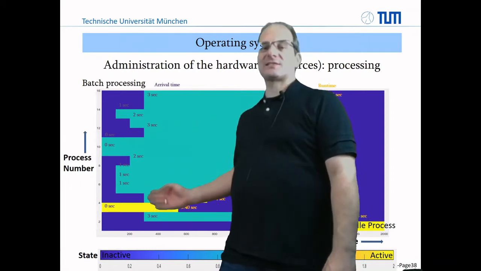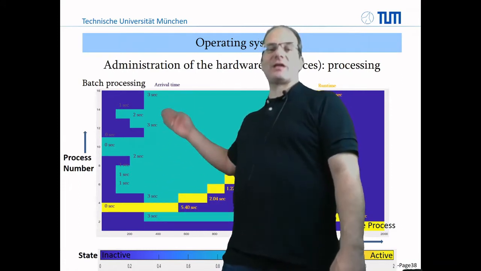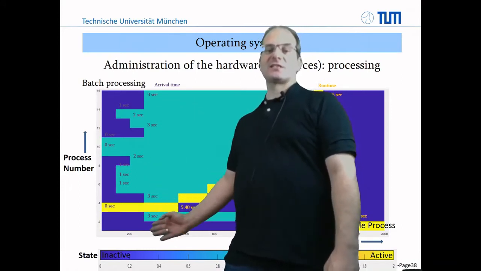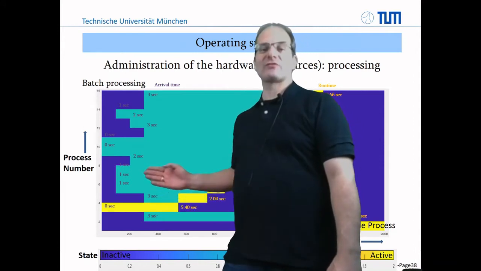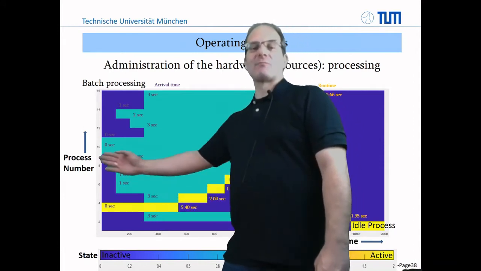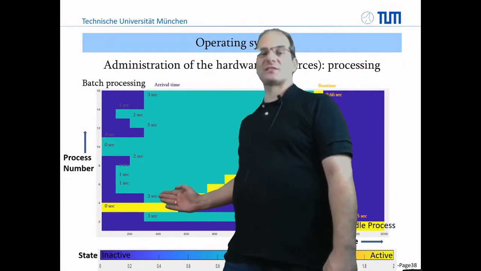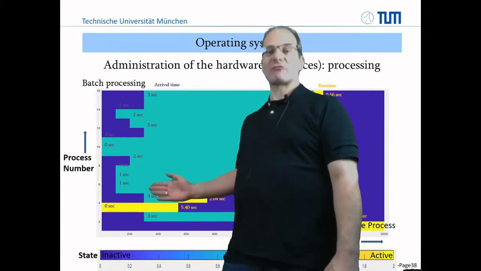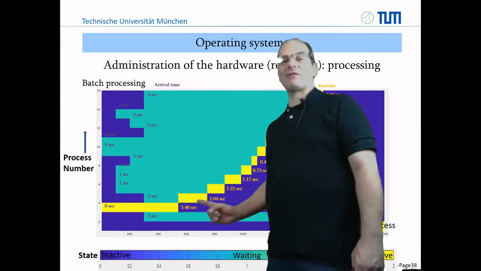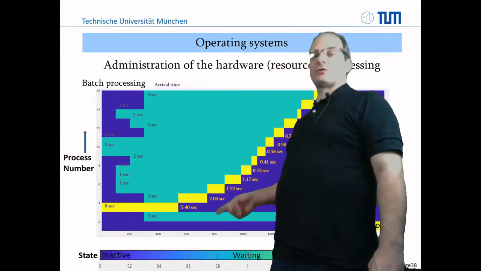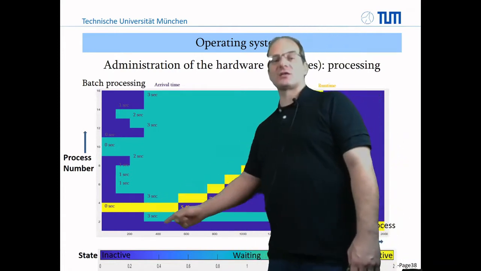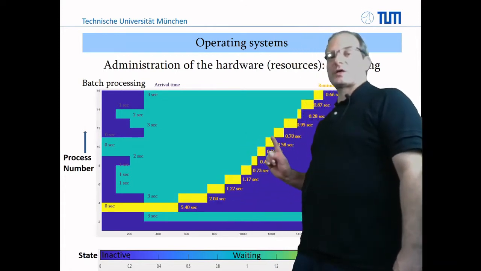Let's talk about, for example, 16 processes. The 16 processes have different arrival times. You see that some processes arrive directly at the beginning, some arrive later on, and then you have different run times. Some processes last longer, some are quite short.